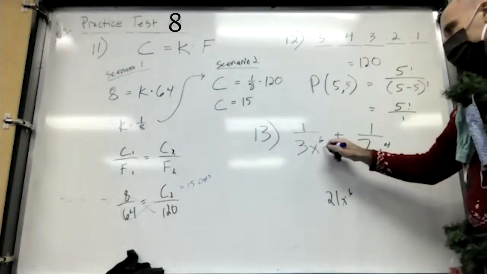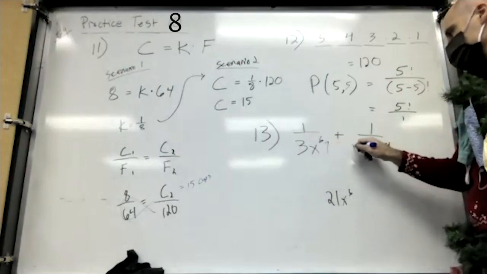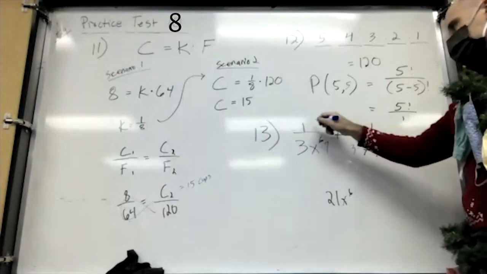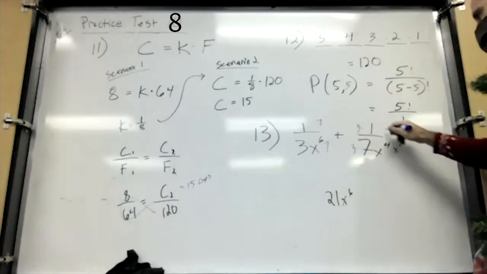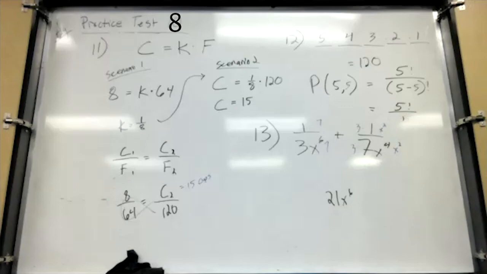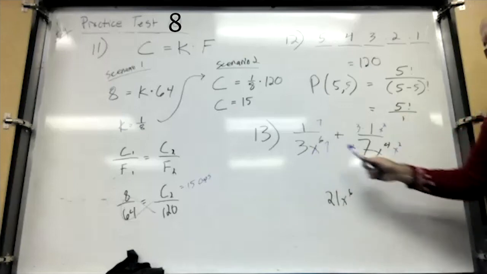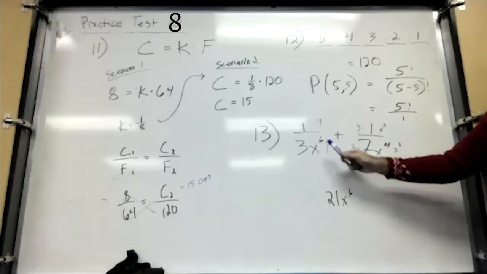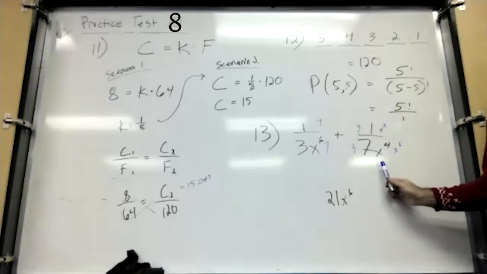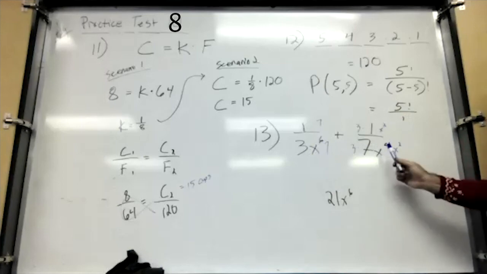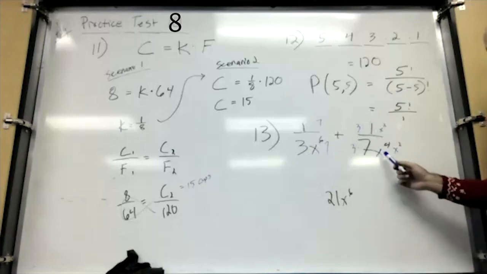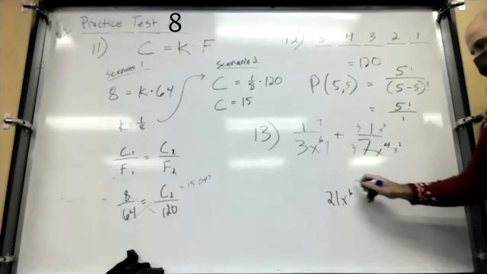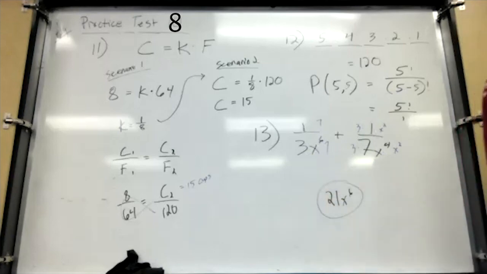Like if I multiply this by 7 and this by 3, and then I need another couple more x's. So then you can add them like that. So you basically, what do 3 and 7 both go into? And then what do x to the 6th and x to the 4th go into? Well, actually, x to the 4th goes into x to the 6th, because you can multiply x to the 4th times x squared to get x to the 6th. So the least common denominator is 21x to the 6th.